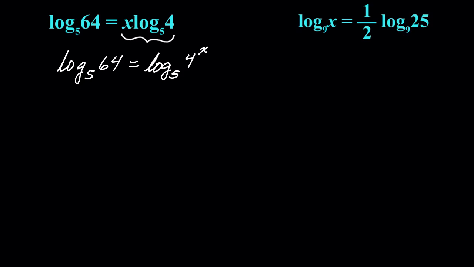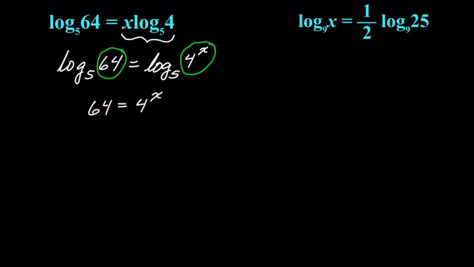Now, like we had before, we have log base 5 of something equals log base 5 of something, which means those two somethings have to be equal to each other. And if you look at this, you're trying to figure out 4 raised to what power is equal to 64.